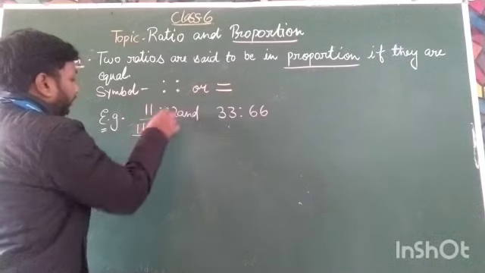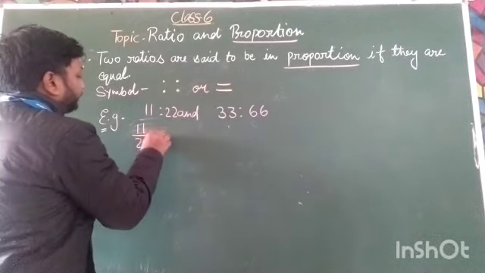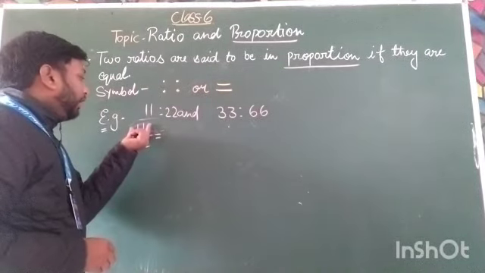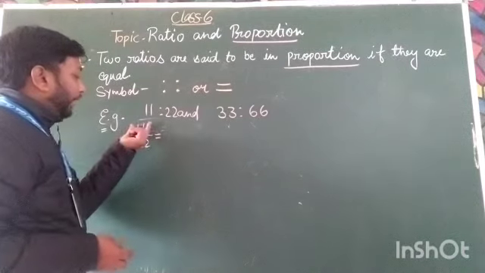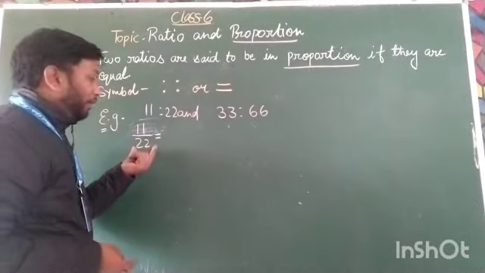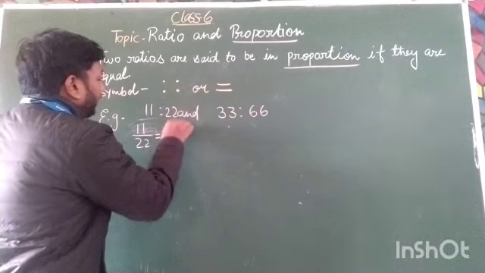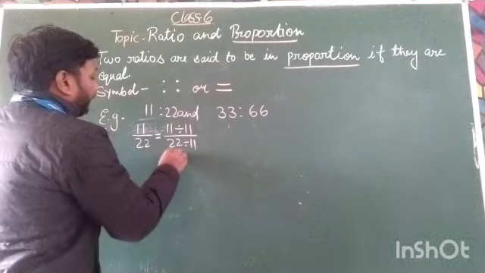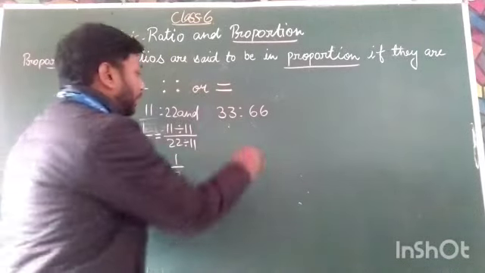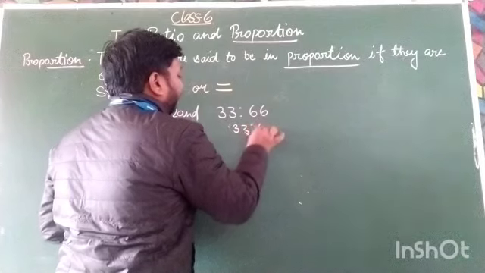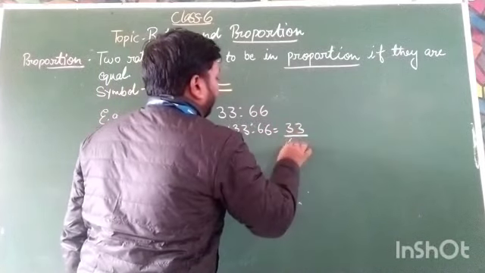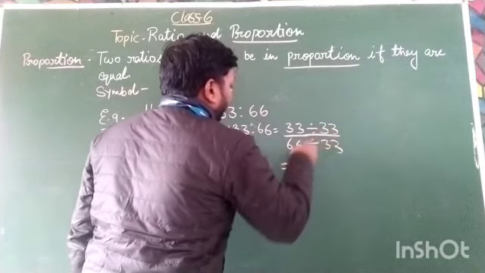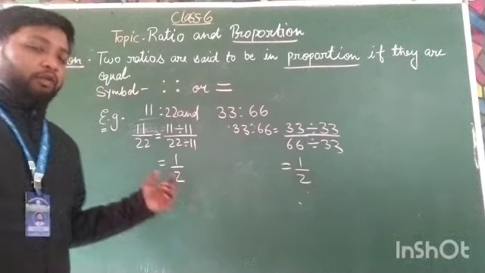We first write the ratio in fractional form, then we divide both the numerator and denominator by the HCF of 11 and 22, and we know that the HCF of 11 and 22 is 11. So 11 divided by 11 is 1, and 22 divided by 11 is 2, and the simplest form is 1/2. For 33:66 we write in fractional form, and the HCF is 33. If we divide, then we get 1/2 or 1:2.